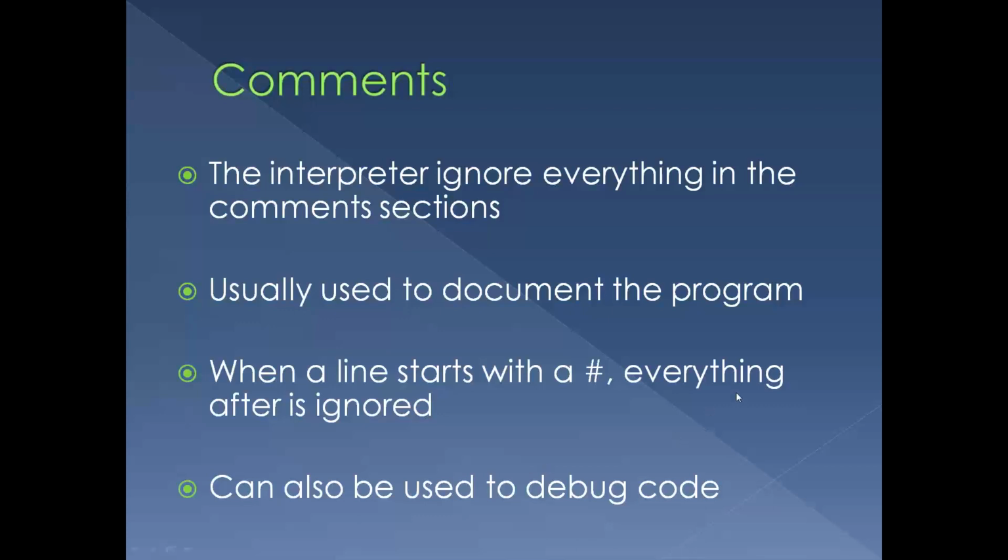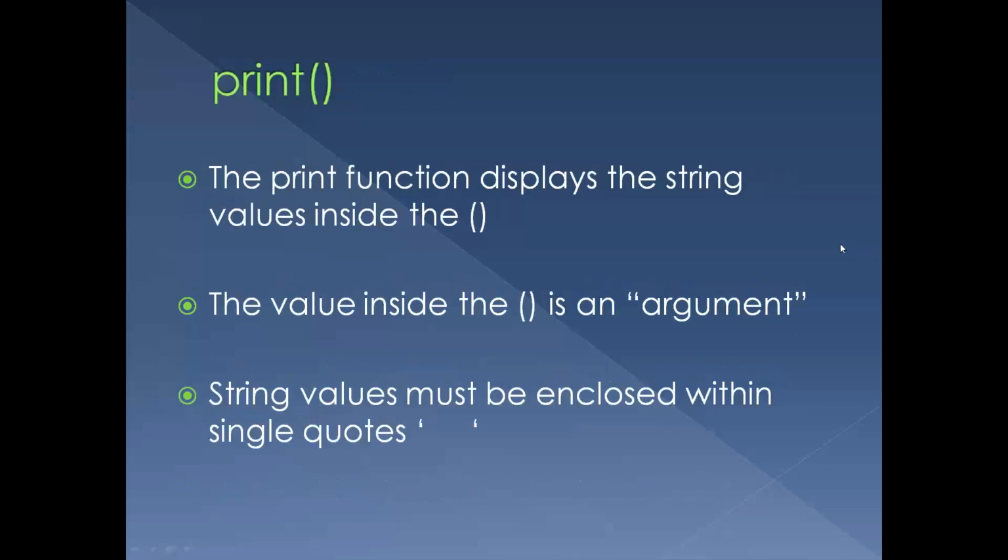I often will use comments to debug code. We use the print. The print function displays the string values inside the parens. The value inside the parens is called the argument. All right. String values must be enclosed with single quotes.